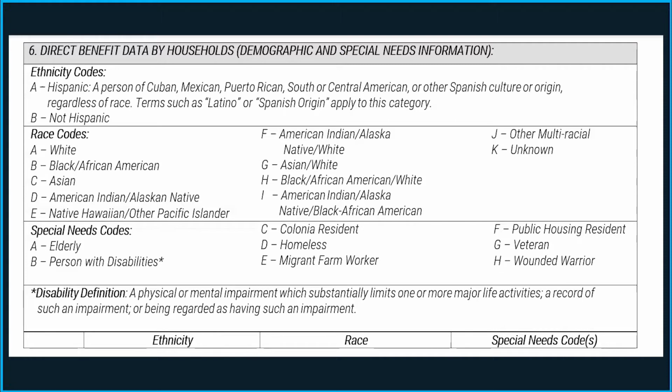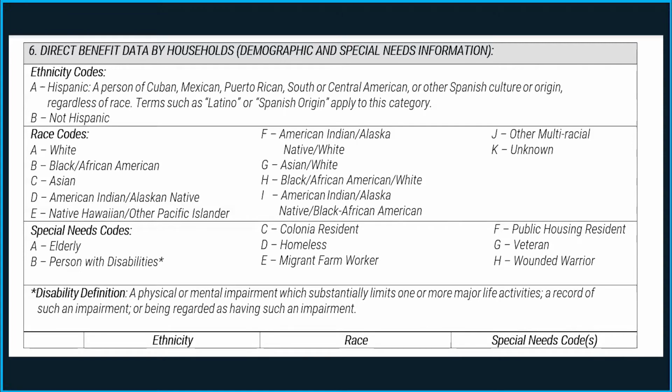Homeless is individuals and families who lack a fixed, regular, and adequate nighttime residence. A migrant farm worker is an individual who is required to be absent from a permanent place of residence for the purpose of seeking employment in agricultural work. A public housing resident is an individual who lives in a low-income rental property owned by a government authority.